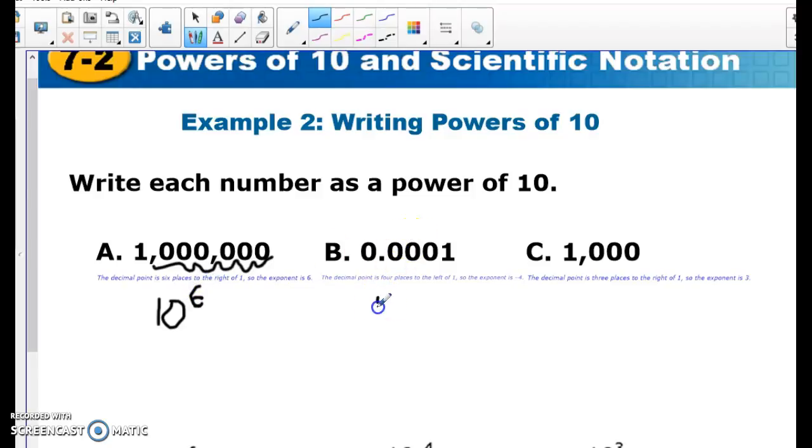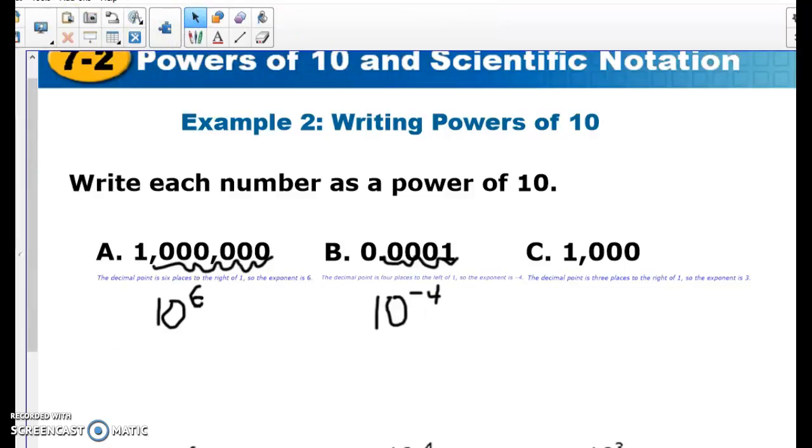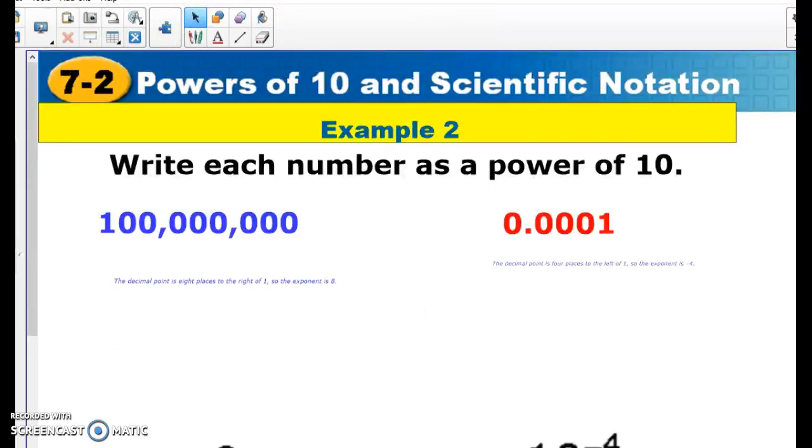Kind of the same thing here. I'm moving that decimal over however many spots. So I know I have a 10, I'm moving it 1, 2, 3, 4. It's going to be 10 to the negative 4th. Alright, so just another way to write those really big or really small numbers.